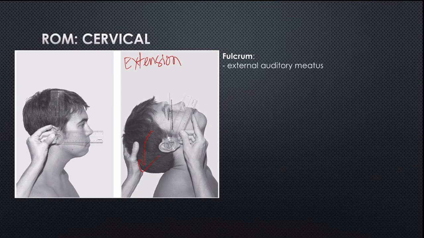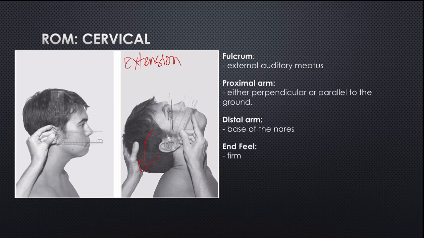That's why, as I said, if you're familiar, you will have no problems memorizing the different alignments of the proximal and distal arms, as well as the fulcrum. Still external auditory meatus, either perpendicular or parallel to the ground for the proximal arm. And distal arm, the base of nares still, and end feel is still firm because of the stretching of the muscles here. That's one reason.